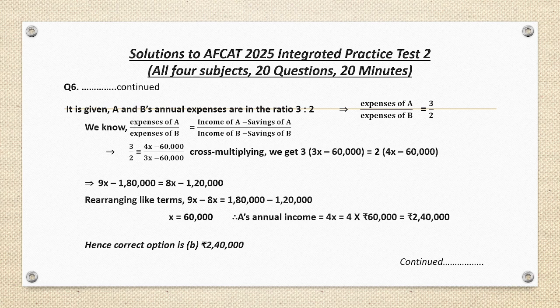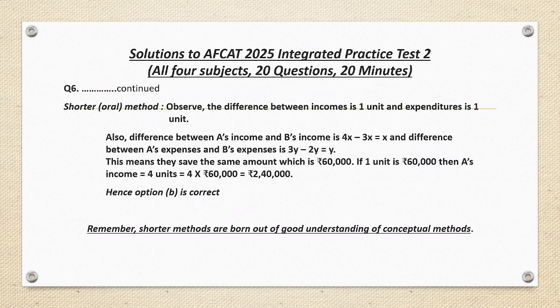Now let us see what is the shorter method. Okay. Here, what are A and B's annual incomes? 4x, 3x. The difference is 1. And what are the expenses? 3y and 2y. The difference is 1. Okay. And both of them are saving the same amount, 60,000.